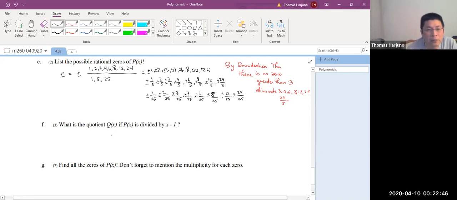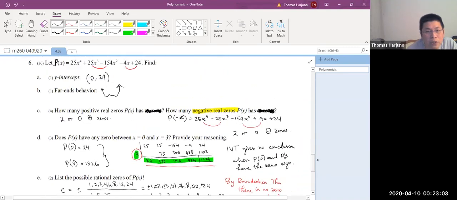If P(x) is divided by x minus 1, then I do synthetic division and the number outside will be 1.